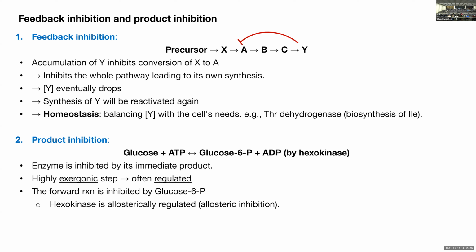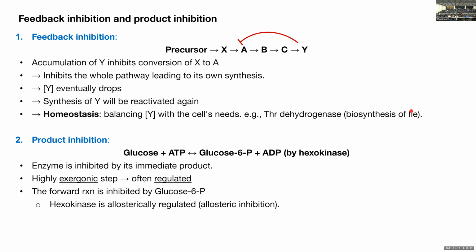Of course, living systems want to be under desirable conditions as much as possible, right? So it's just balancing the ratio of the X and Y molecules here. This process is called homeostasis. An example would be threonine dehydratase, where it uses threonine to generate isoleucine.